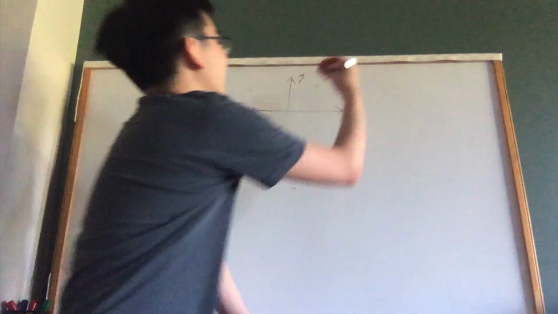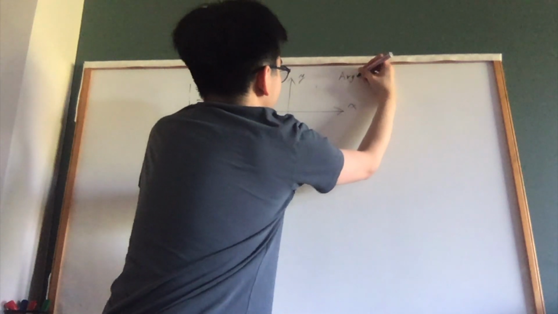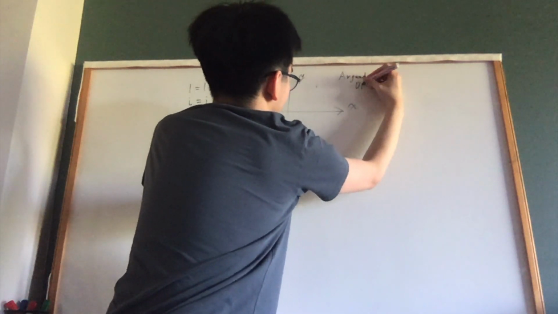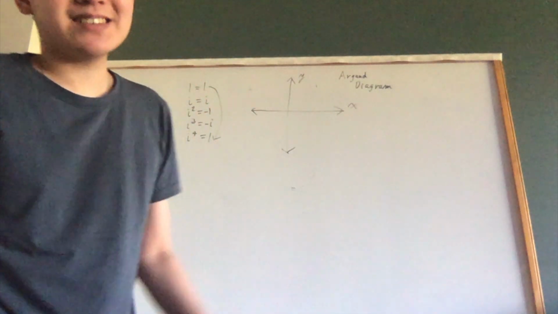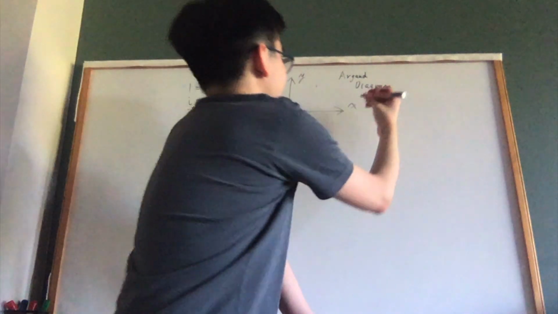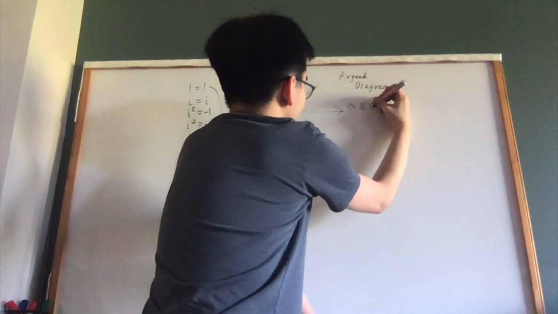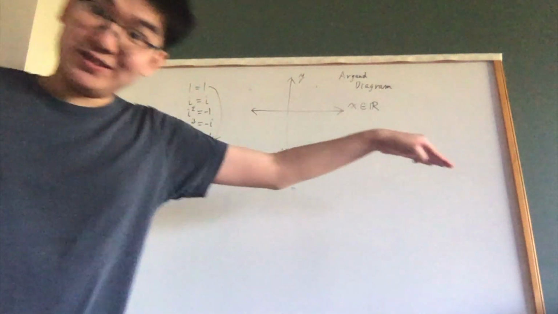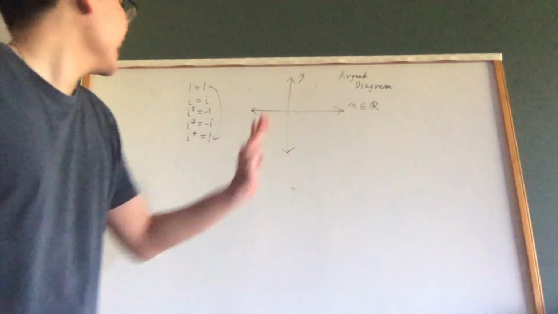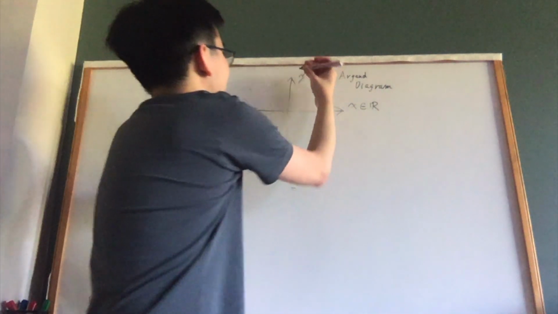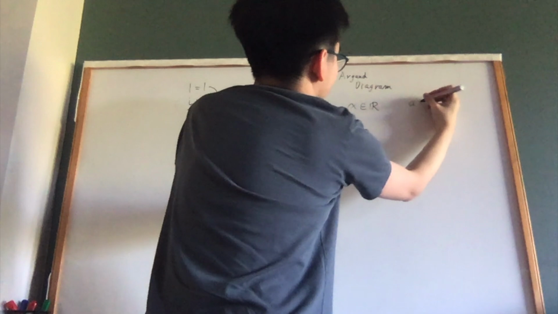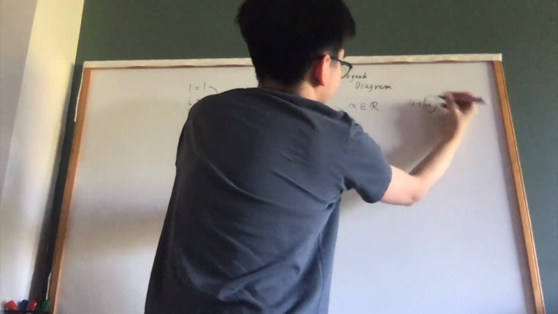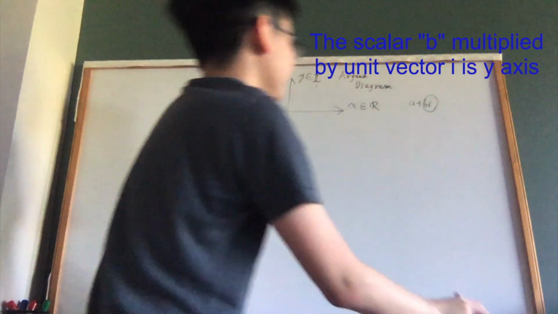Well, the Argand diagram bumps this up by a notch, because now your horizontal coordinates, or horizontal distance, are going to be real numbers. And the vertical component is going to be imaginary numbers. Basically this part of the complex number.